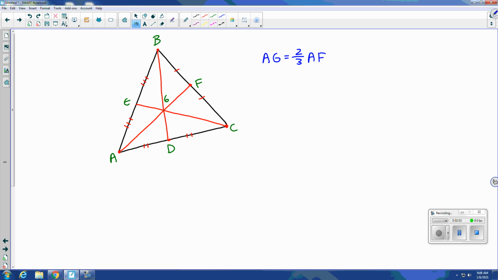Now, if we know that, then we can derive some other pieces of information that may be useful in problem solving. If we know that AG, so from vertex to centroid, is 2/3 of the length of the median, then we also know that the other piece, GF, must be 1/3 the length of the median. And from these two facts, we can see that AG must be therefore 2 times the length of GF.